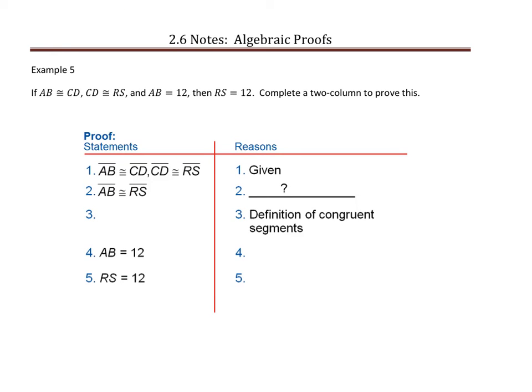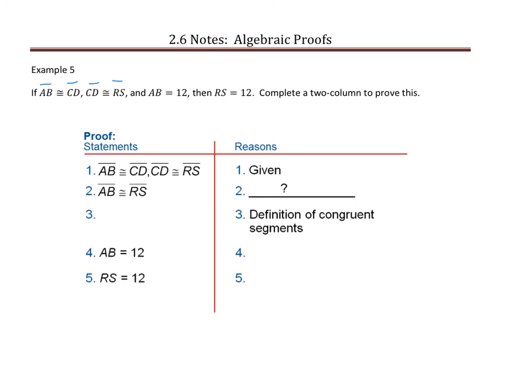Okay, example 5. If segment AB is congruent to segment CD, and segment CD is congruent to segment RS, we should actually have segment lines here, and AB equals 12, then RS must equal 12. Complete a two-column proof to prove this. So we would take all of the given information and put that right up here on the top.